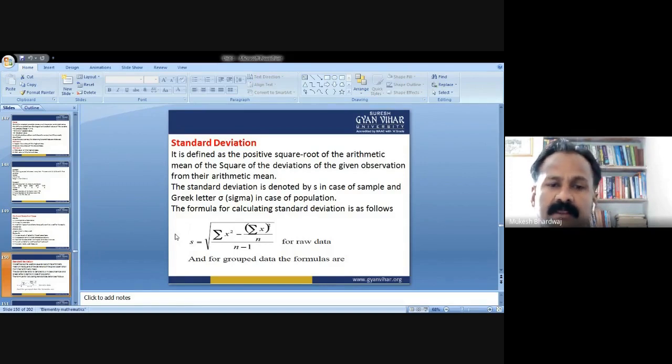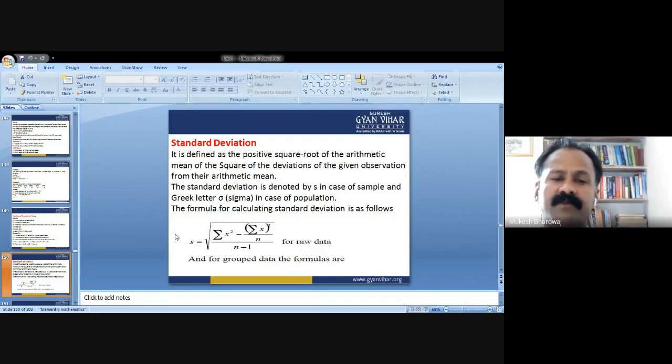After that, do the summation of all the observations, square it, divide by the number of observations, and finally divide the whole by n minus 1. This formula is used for raw data or ungrouped data. So kindly make a note of this formula.